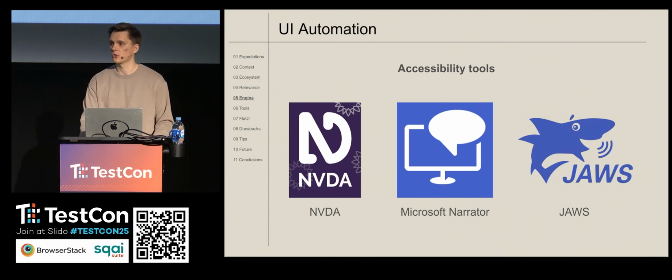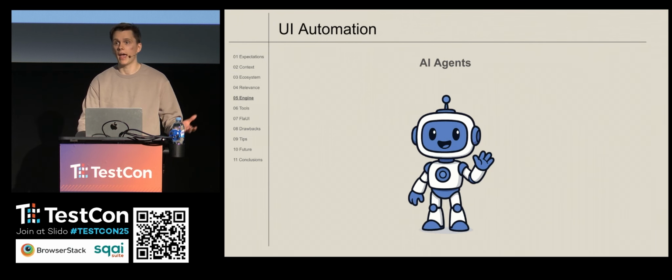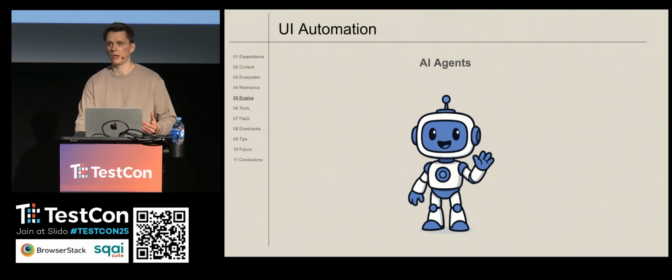Let's check where it can also be applied. It's used in accessibility tools, so you have NVDA, Microsoft Narrator, JAWS. All of those apps are getting attributes from those elements and narrating them. Then another use case is AI agents. There are two ways you can interact with UI using an AI agent.